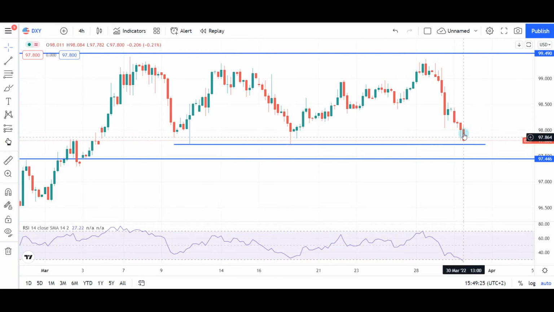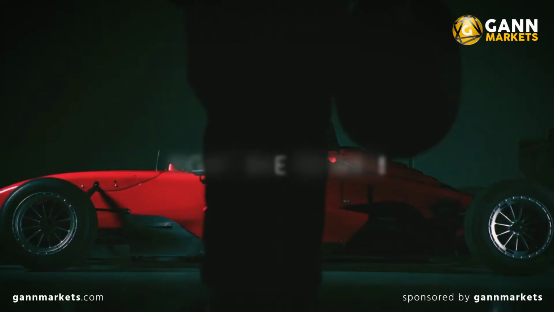If that works as well this time, we will see another rise in the dollar index, and it will affect EUR/USD, GBP/USD, and some other currency pairs as well. So this is just a retest of these low levels, but in the coming days I'm expecting a high and bullish dollar index. Let's look at our second chart.